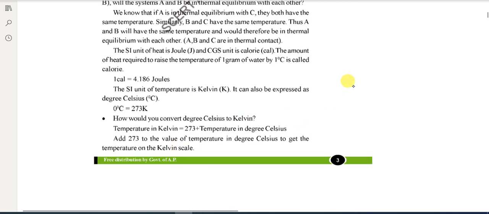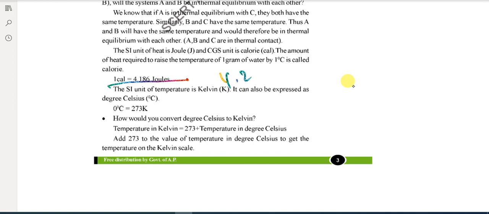Here, first of all, this is the main point. 1 calorie is 4.16, or rounded up 4.2 joules, and conversion, 2 marks questions, some sums, like 20 degrees C convert into Kelvin.